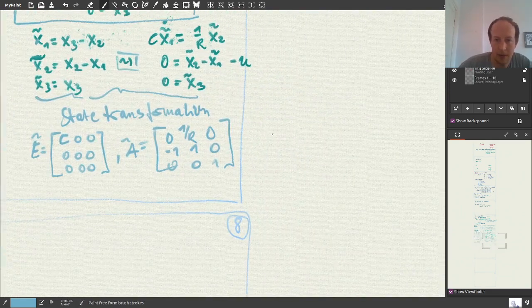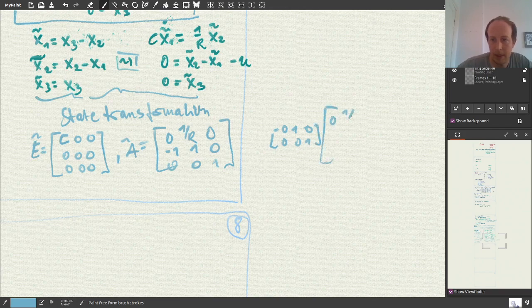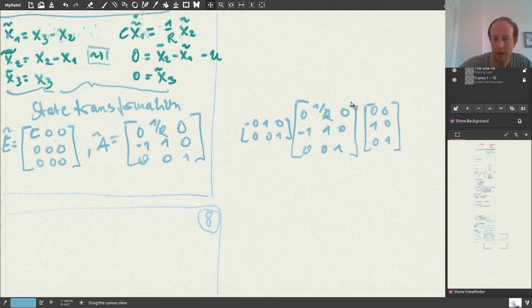Okay. So Z H, I can do this one: 0 0 1 0 0 1. Here's this H matrix, 1 over R 0 minus 1 1 0 0 0 1. And the T was this matrix.